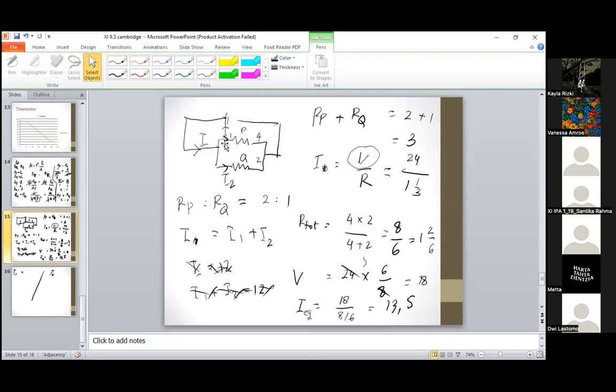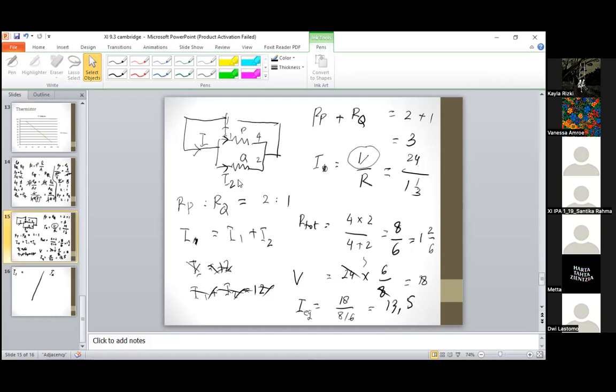How much current is flowing in I1 compared to current flowing in I2, which is bigger?